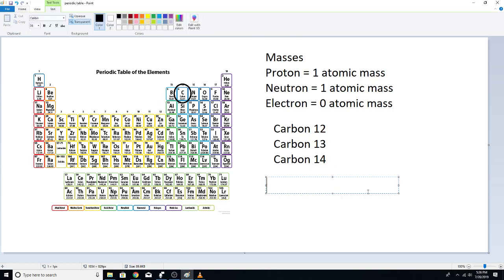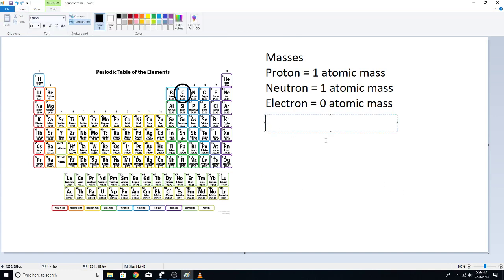Well, if we take carbon 12, the proton number never changes, otherwise it would change into a different element. For example, if you took away a proton, it would become boron. It wouldn't be carbon, because carbon's unique to its proton number. Therefore, the only number that I can change is the neutron number.